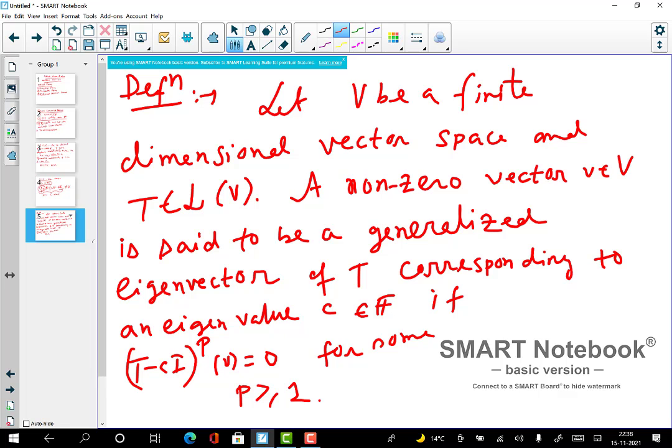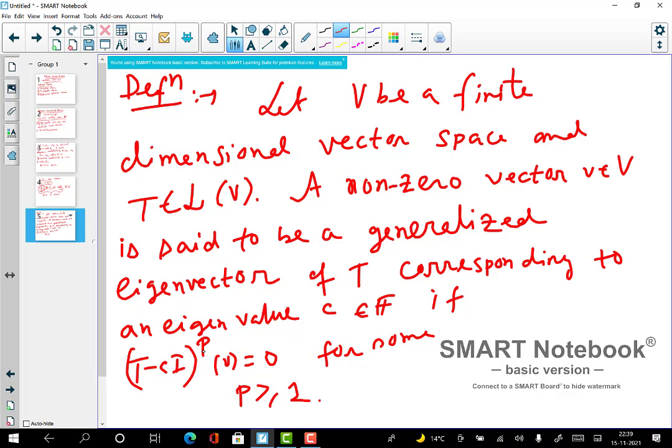What does that mean? That means v belongs to the null space of (T minus CI)^p. v is a non-zero element of the null space of (T minus CI)^p, right?